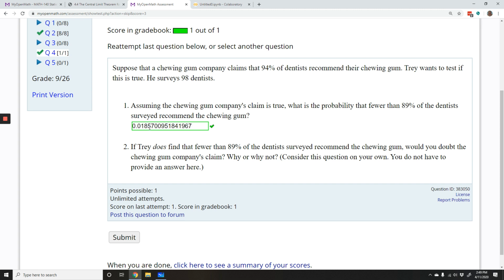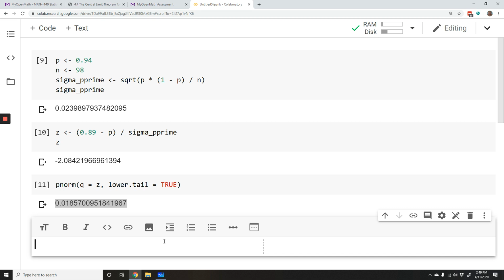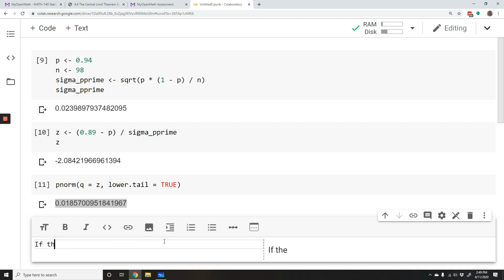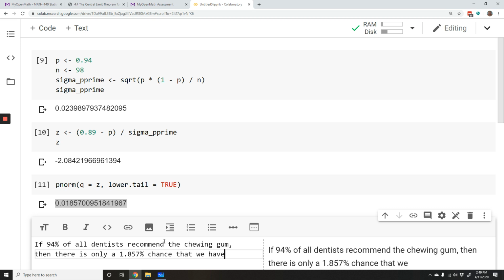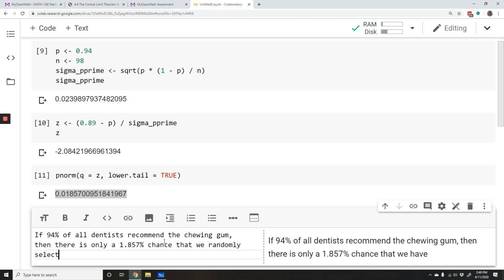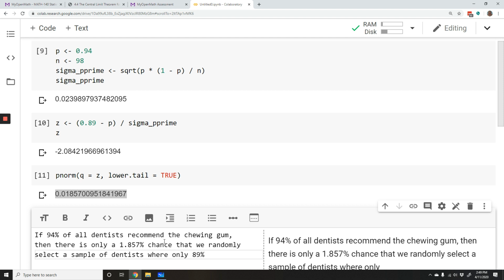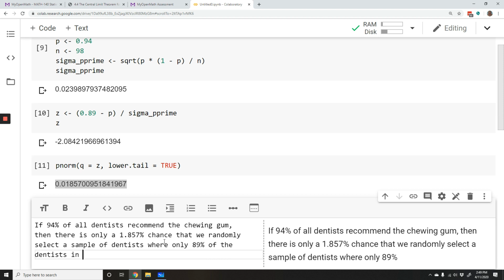So we get 1.857. So that means, if the population proportion, and let me write it in terms of the problem, if 94% of all dentists recommend the chewing gum, then there is only a 1.857% chance that we randomly select a sample of dentists where only 89% of the dentists in the sample recommend the chewing gum.